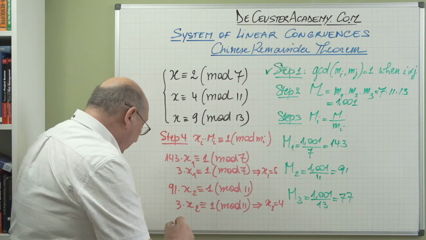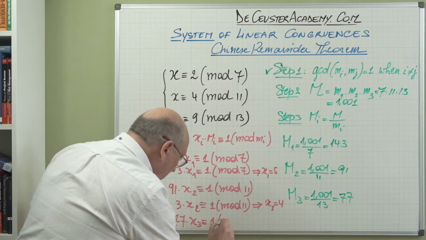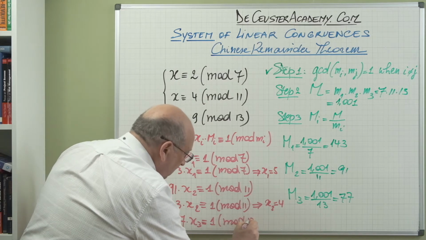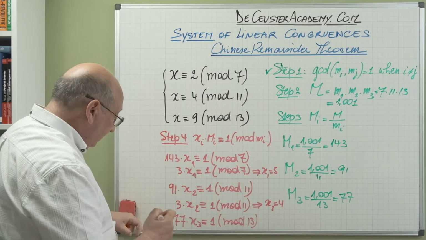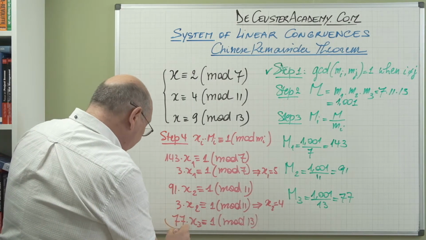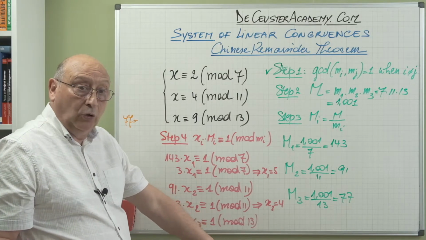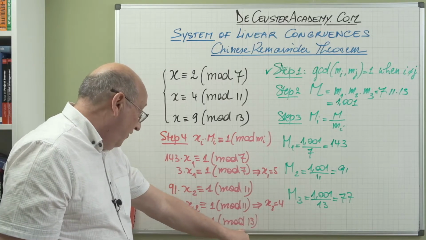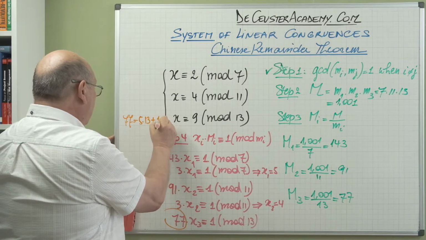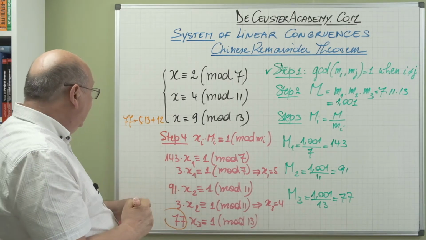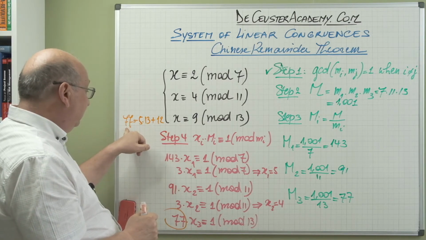The last one, we have 77 times x3 is congruent with 1 modulus 13. Now, 77 is equal to 5 times 13 plus 12. 5 times 13 is 65, plus 12 is 77.